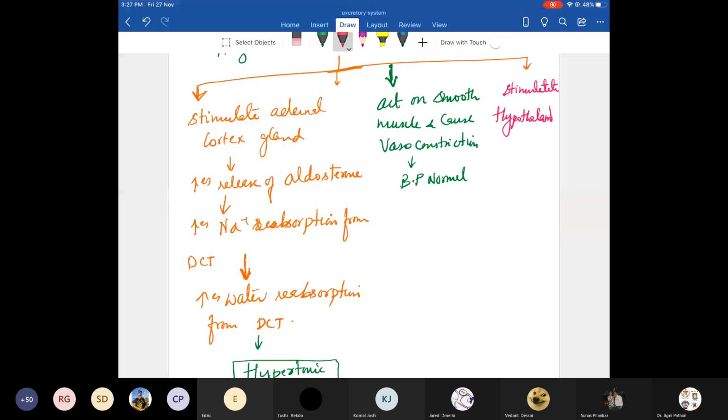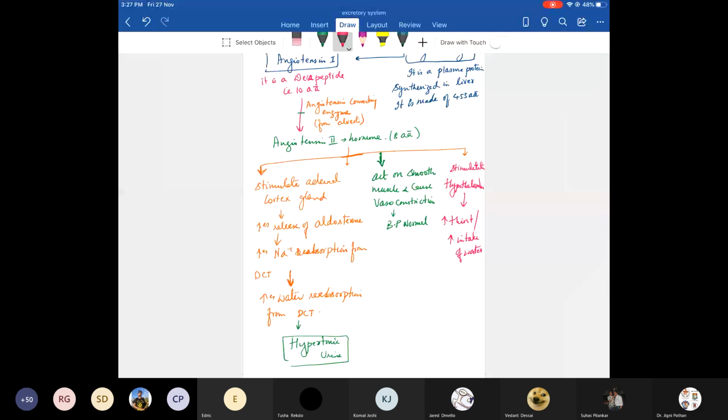That increases thirst, and when thirst increases, there's a lot of intake of water. This is how you can get back the normal blood volume with the help of RAS. Do let me know if there's any difficulties.